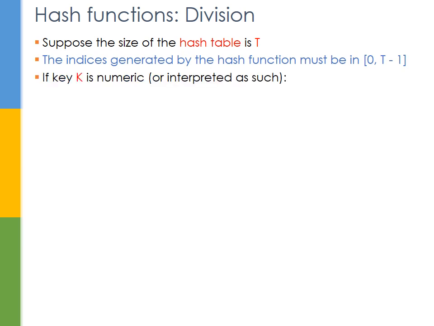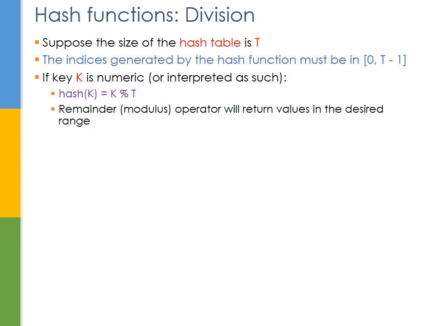So if my key is numeric, or even if it's text, I interpret it as a number, because obviously I will have to if I want to do math on it. If my key k is numeric, then the simplest division hash is to take the key and to apply the modulus operator to it. Hopefully you know what the modulus operator does. You're second years, I'm sure you've used it before. Basically, it computes the remainder of the division, right?